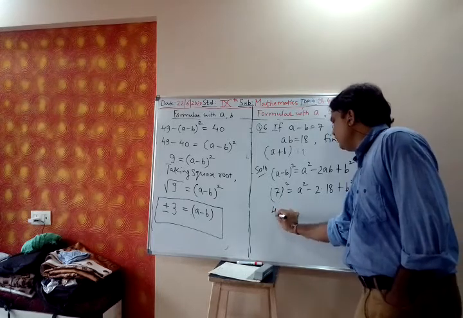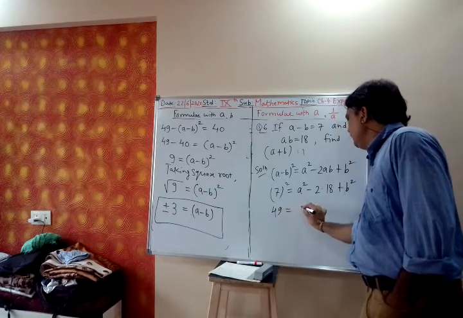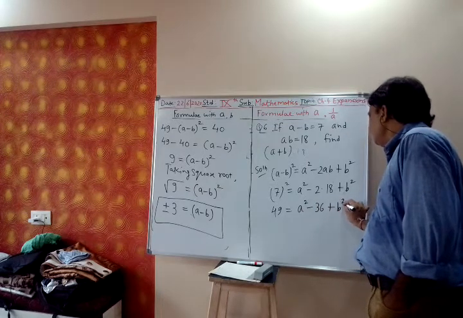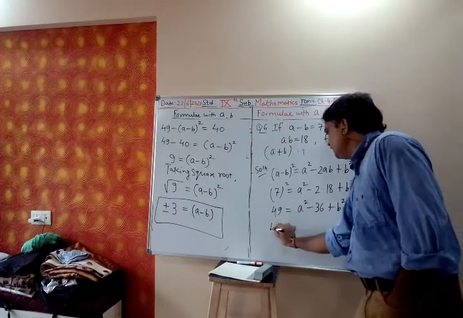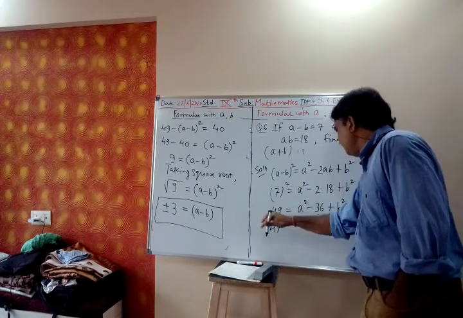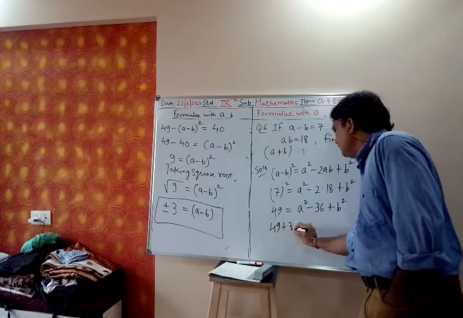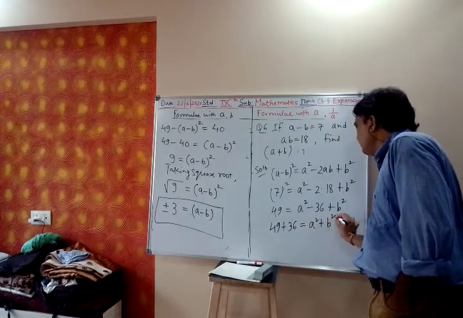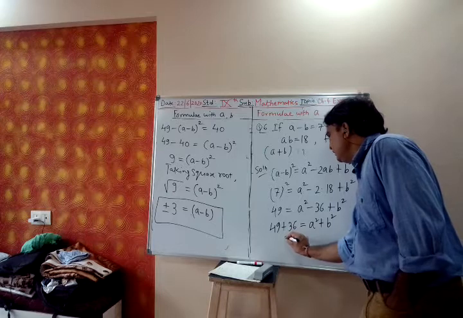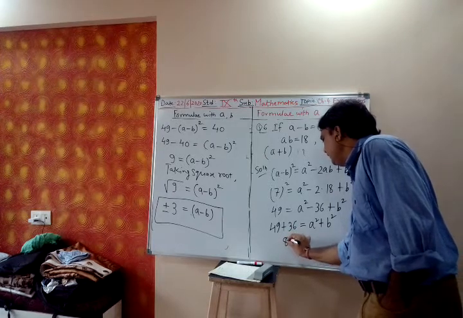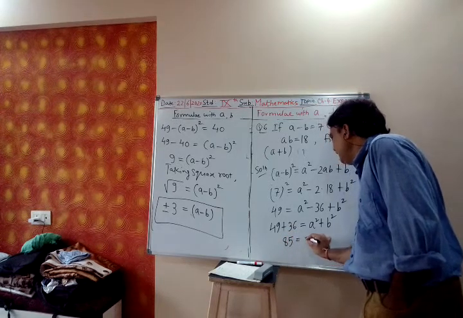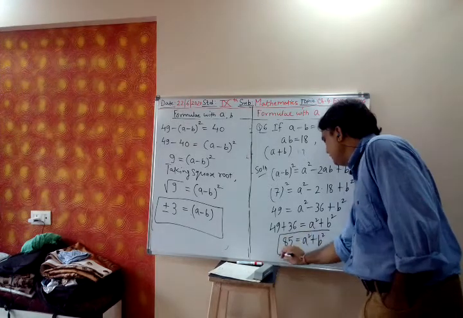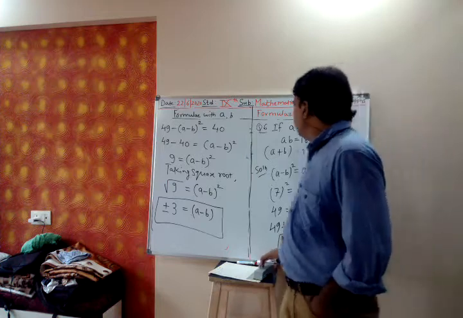So 7 square, 49, is a square minus 36 plus b square. I will take minus 36 on this side, it becomes plus. So 49 plus 36 is a square plus b square. 49 plus 36 is 85. 85 is a square plus b square.